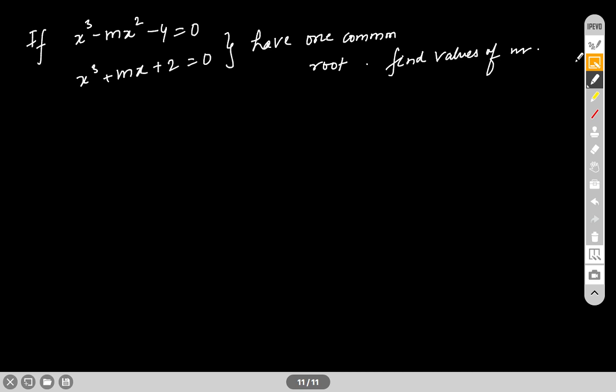What is your answer? Is it m equals plus or minus fourth root of 9 by 2? Fourth root of 9 by 2. Oh my god.